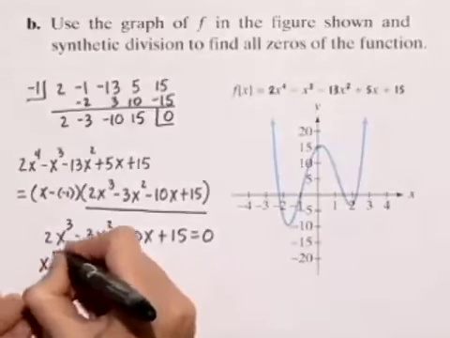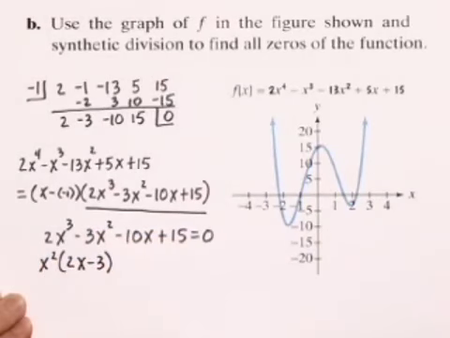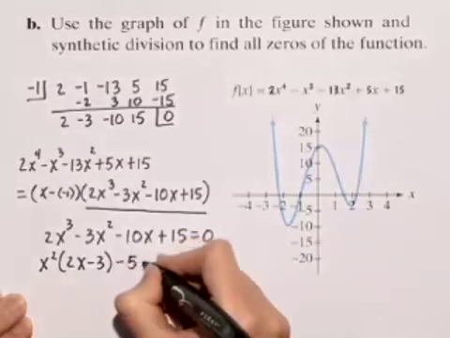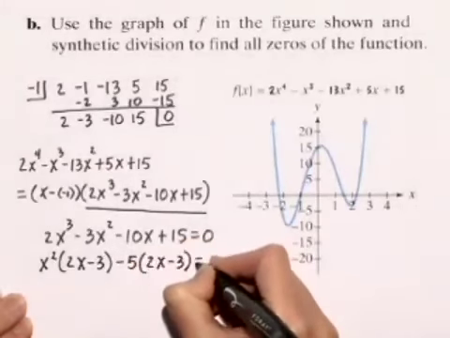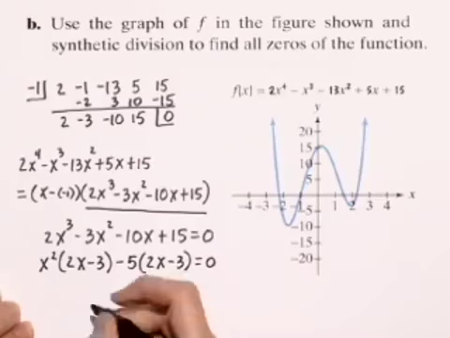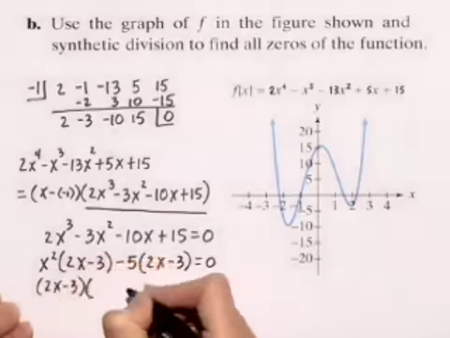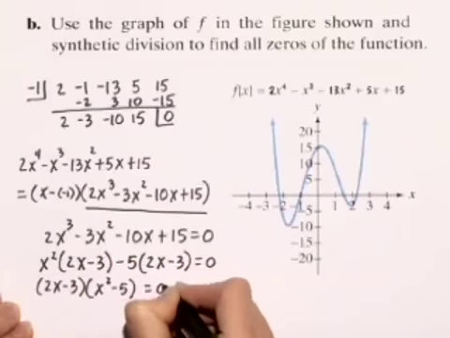If we factor out x squared, we have 2x minus 3 left from the first 2 terms. If we factor out minus 5, we'll have 2x minus 3 from the last 2 terms. And if we factor out the 2x minus 3, we'll have left x squared minus 5 equals 0.